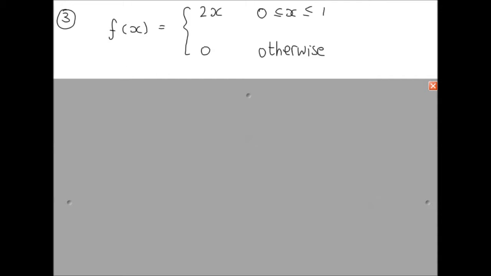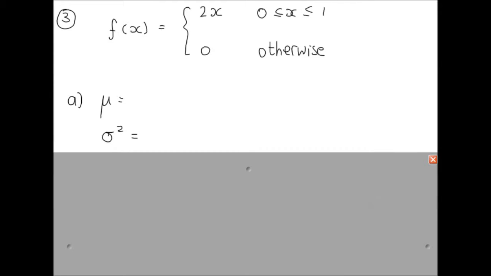Example 3. This time we have some continuous random variable. So there's a population that's defined using this. So the first thing is to work out the mean and the variance for our continuous random variable here.